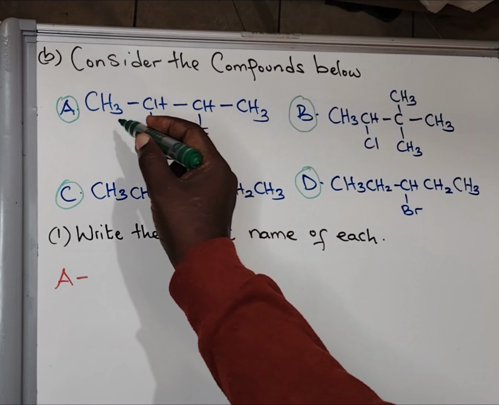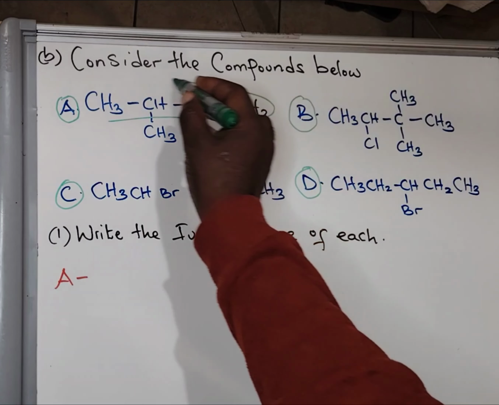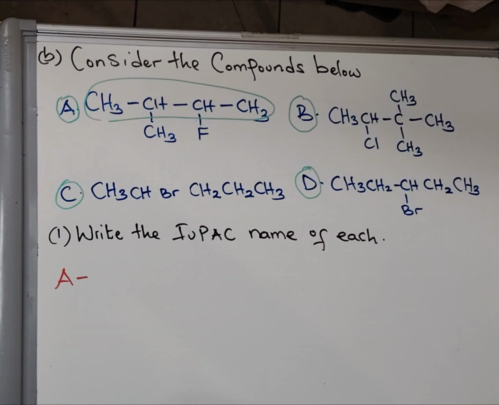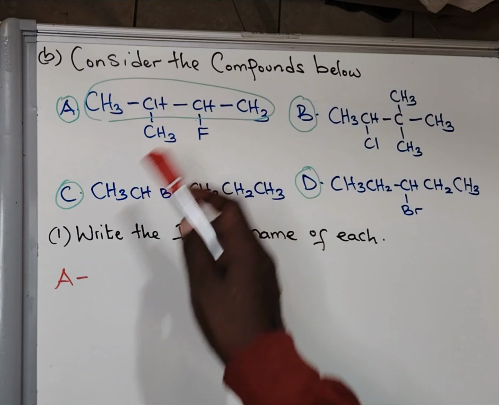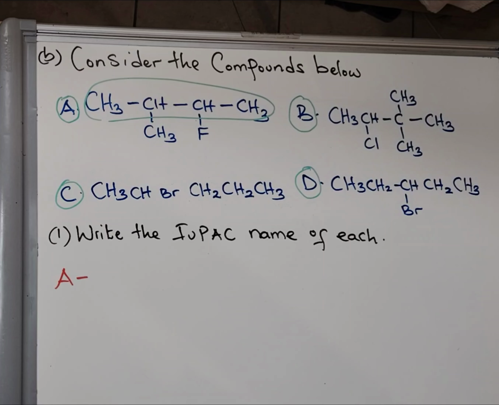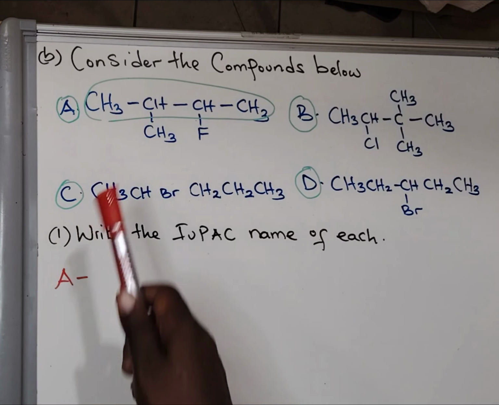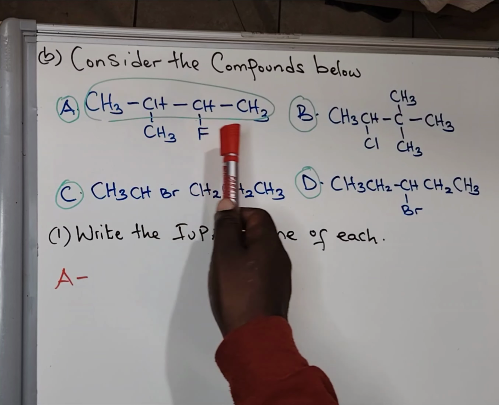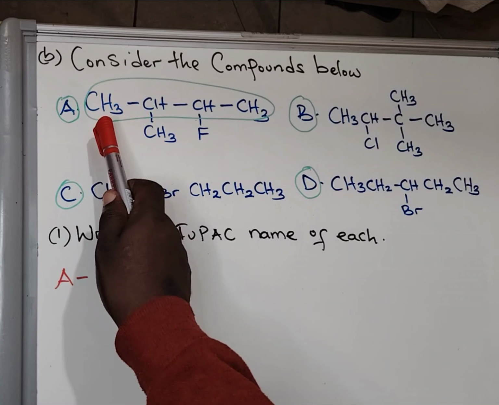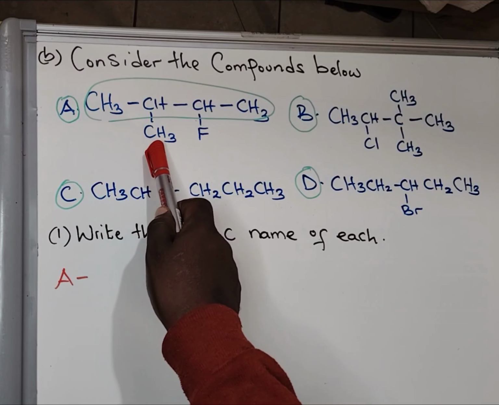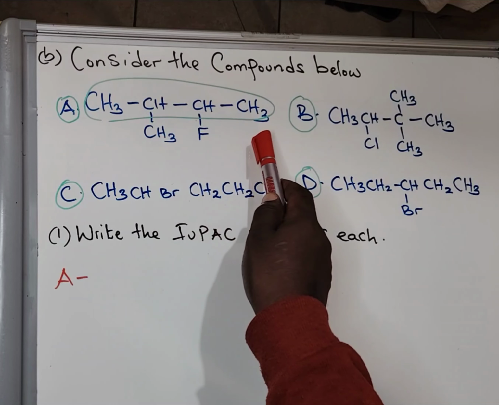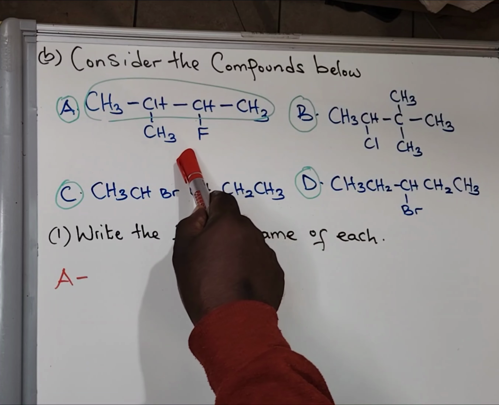It is this one. And whatever is not part of the parent chain is a branch. So we have two branches, a methyl and a fluoride, and both of our branches are on position number 2. If you count from this side, this one is position number 2. If you count from this side, this one is position number 2.